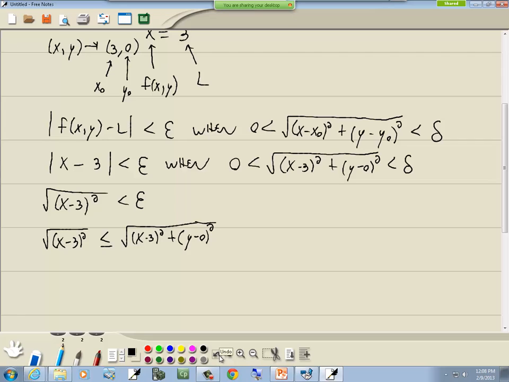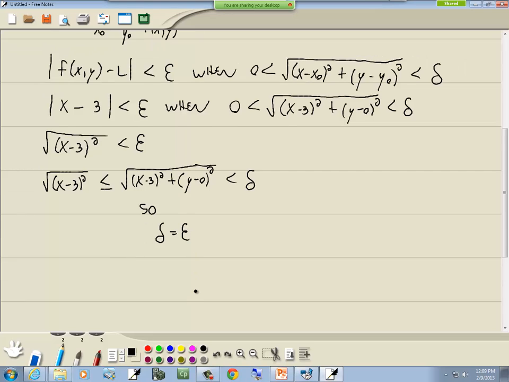So it's definitely greater than or equal to this over here. And this was less than delta. So if we look at this piece right here and this piece right here, then I can see that delta is equal to epsilon, or epsilon is equal to delta. And that shows our proof.